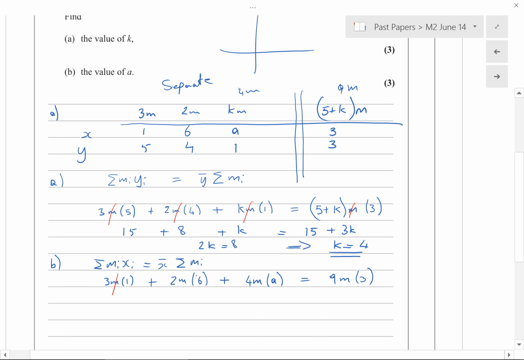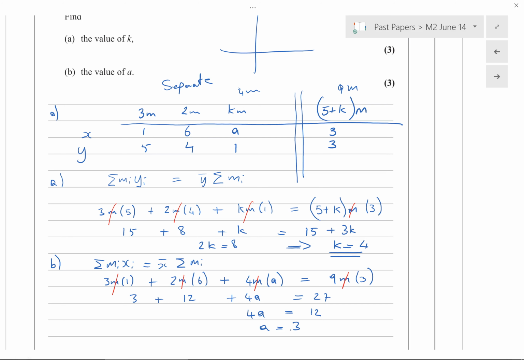And m cancels again. So I have 3 plus 12 plus 4a equals 27. So that gives me 4a equals, taking the 15 over, 12. So a equals 3. Right, 5 minutes for 6 marks, but I did make a mistake.